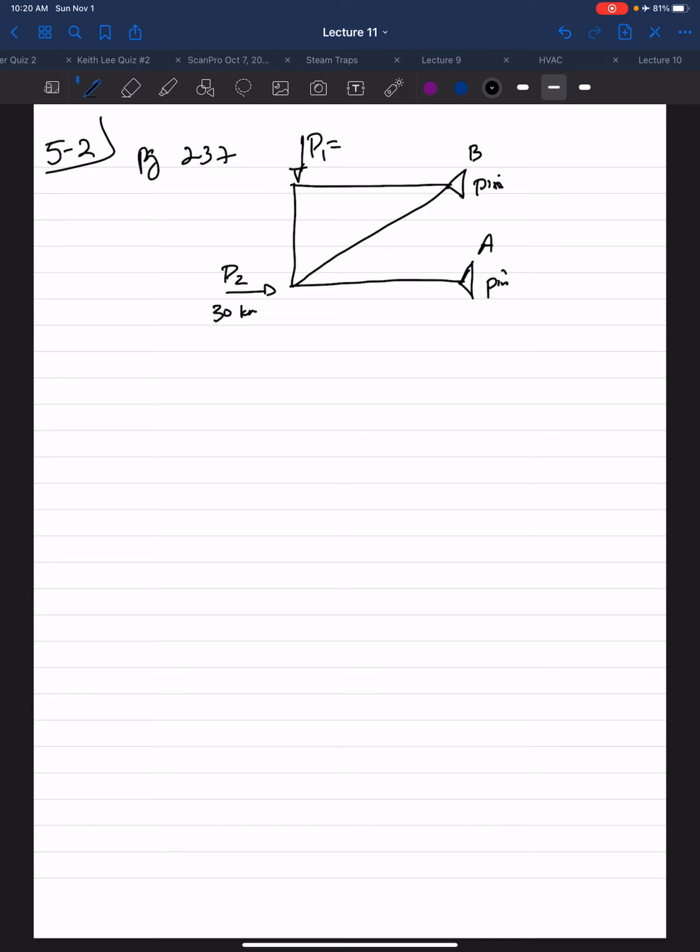P1 is given as 45 kilonewtons. Joint C, joint D. This is 2 meters. This is 1.5 meters.